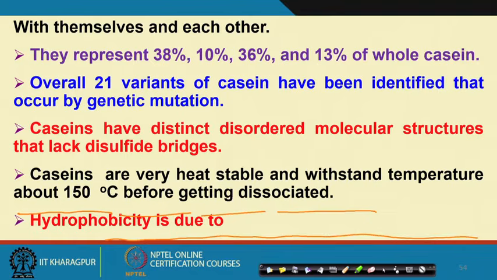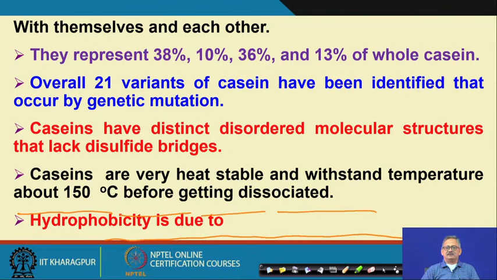So, they represent around 38%, 10%, 36% and 13% of the whole casein. That is, alpha S1 casein is 38%, alpha S2 casein around 10%, beta casein is 36% and kappa casein is roughly 10%, right.